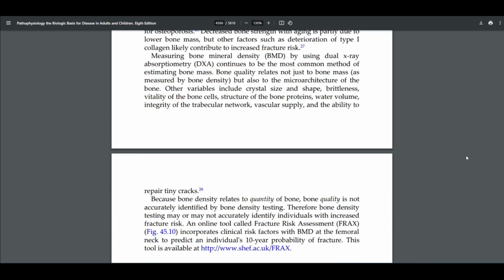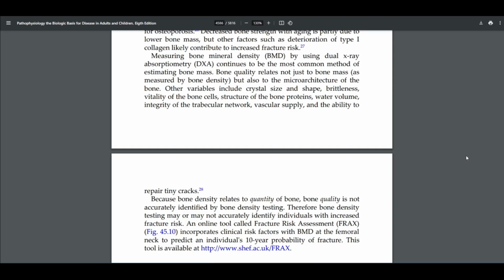Measuring bone mineral density by using dual X-ray absorptiometry continues to be the most common method of estimating bone mass. Bone quality relates not just to bone mass, but also to the microarchitecture of the bone.